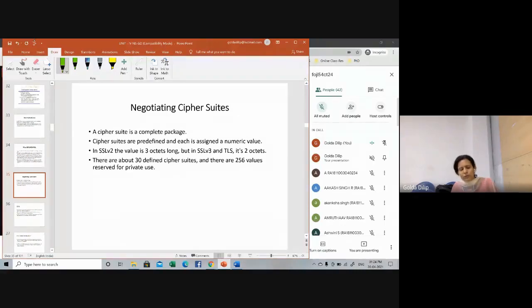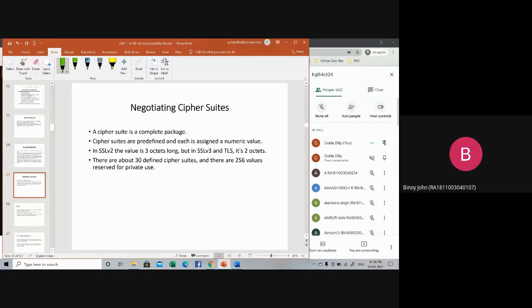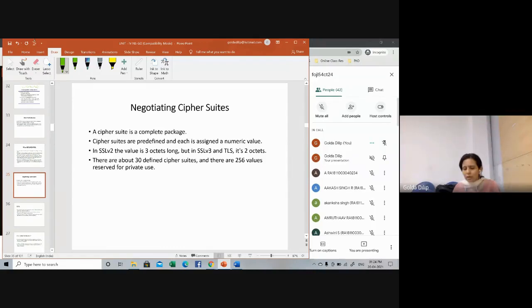Binoy, what is cipher suite? No idea, ma'am. Did not listen in yesterday's class. Does anybody have any idea what the cipher suite is all about? This is what I'm asking.